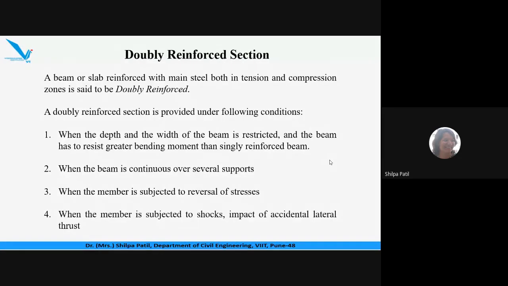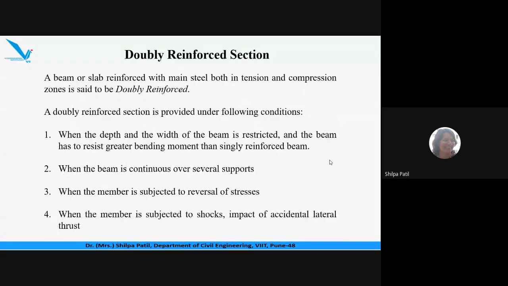Over the support B, when we draw a bending moment at the support B also, in case of continuous beams, we get a certain bending moment, which is normally a sagging or positive bending moment. And for the mid span, we get a negative bending moment.